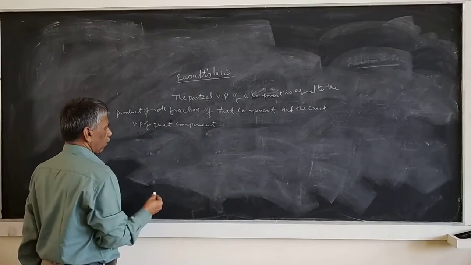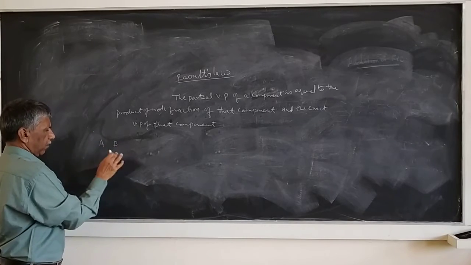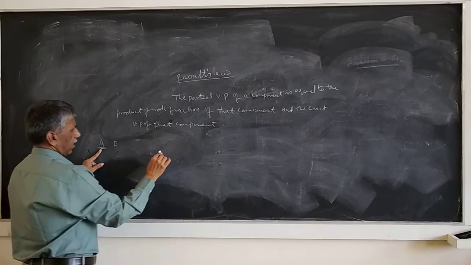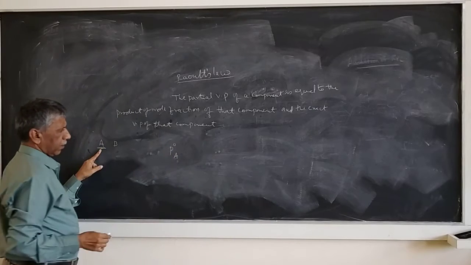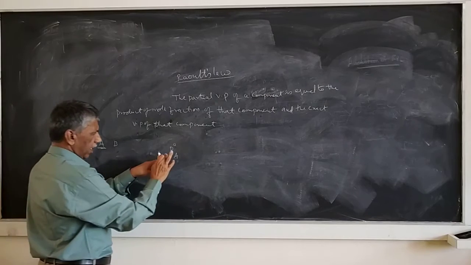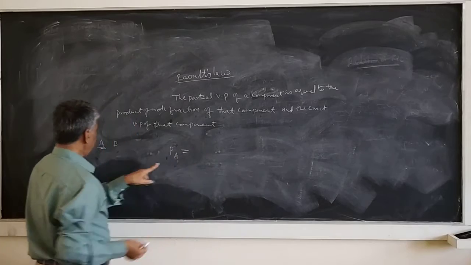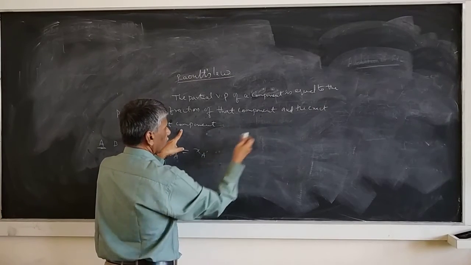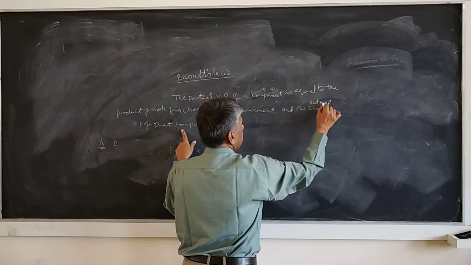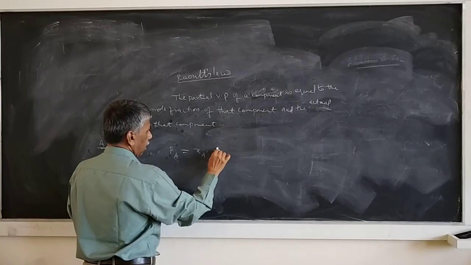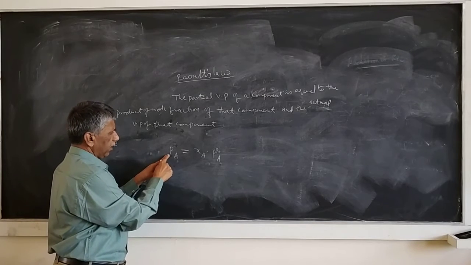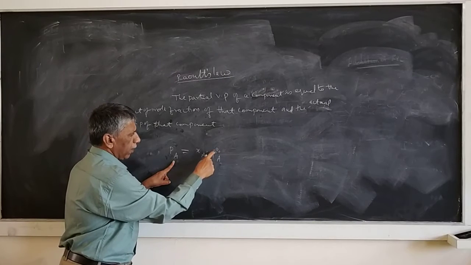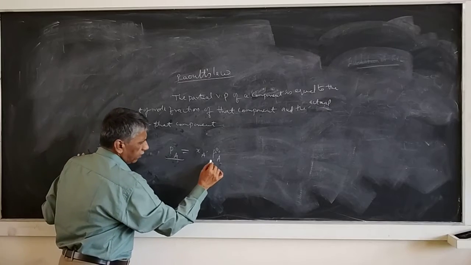For example, if the solution contains two components A and B, then according to Raoult's law, the partial vapor pressure of A, written simply as PA, is equal to the mole fraction of this component into the actual vapor pressure of that component, P on A. Here this is the partial vapor pressure, this is the actual vapor pressure.